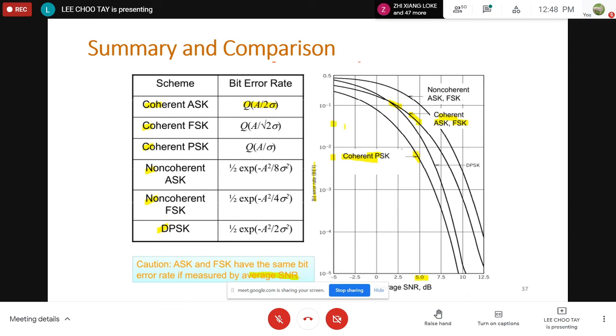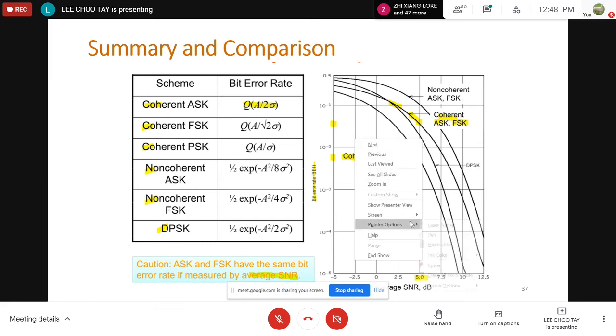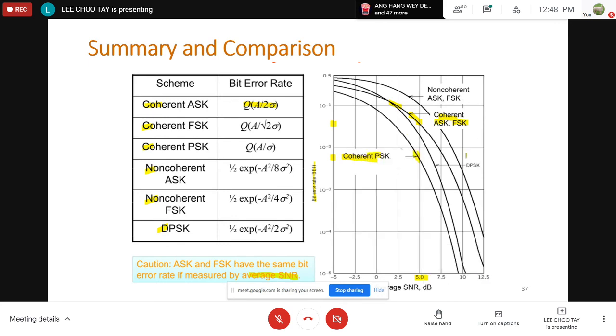And then if we compare with the non-coherent, let's say DPSK is here. DPSK will give you this probability of error, so it's slightly worse than coherent, since DPSK is non-coherent.